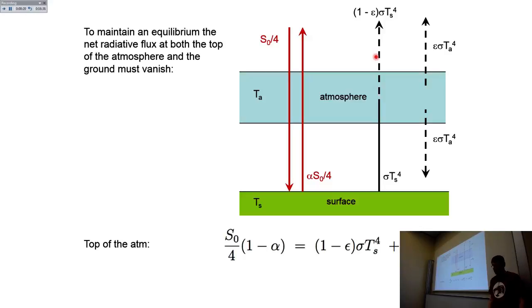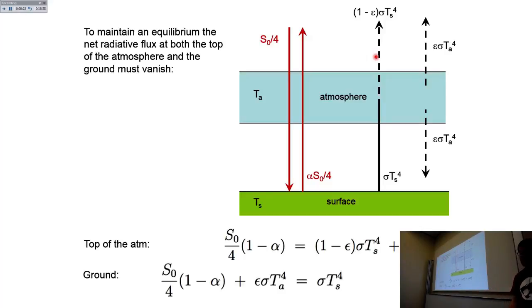We can do the same thing at the ground, except we've got this other term of stuff going out here, stuff going in, stuff going out there. So that gives us two equations where we know everything except the surface temperature and the atmospheric temperature.